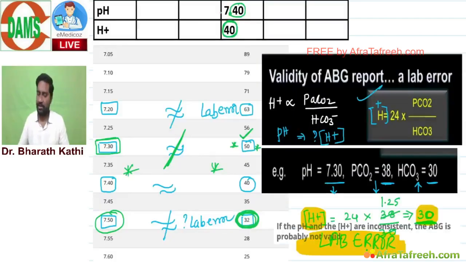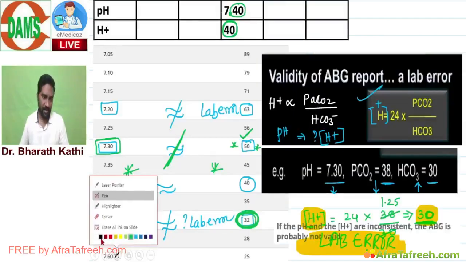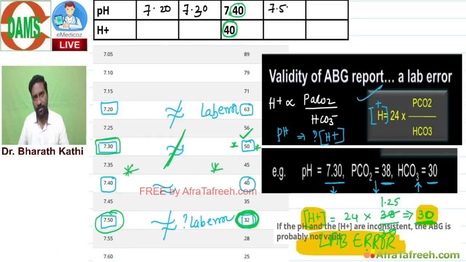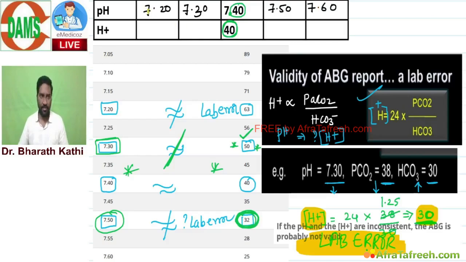Now let me decrease the pH. Let this be 7.20. On this side 7.50, 7.60. In majority of clinical scenarios, we will be seeing pH ranging from 7.20 to 7.60. Now what will be the probable H plus values? For this it is 40.